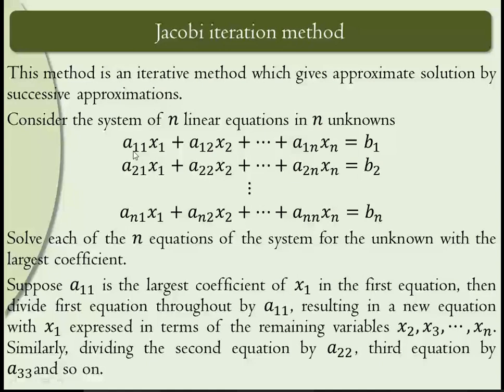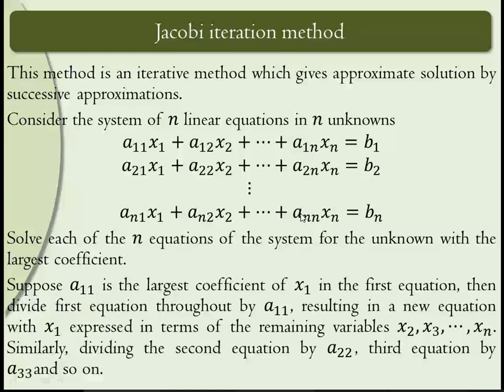Take these terms on the other side. Take a11 also on the other side. Then take the second equation in which the coefficient of x2 is the largest. Take all the terms on the other side, get x2 in terms of x1, x3 up to xn. Like that, find xn from the nth equation in terms of the remaining terms.